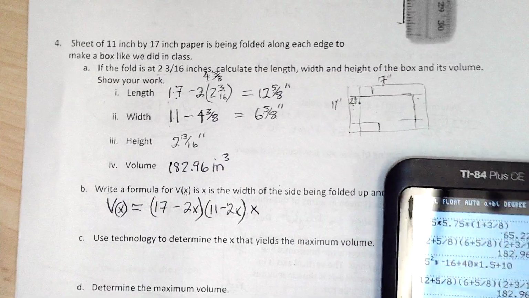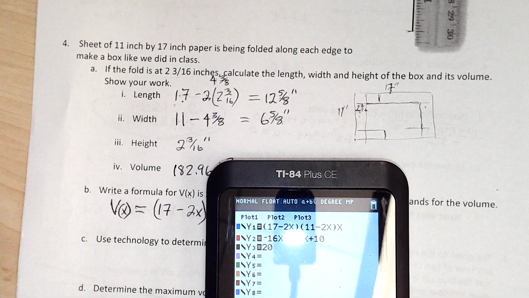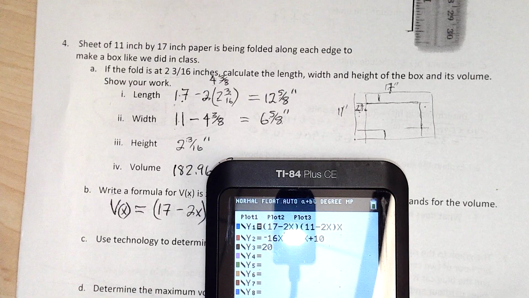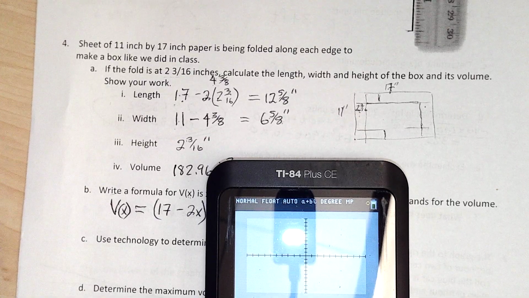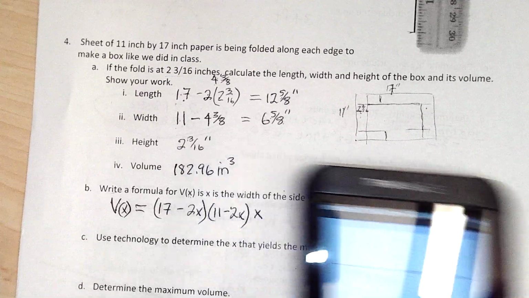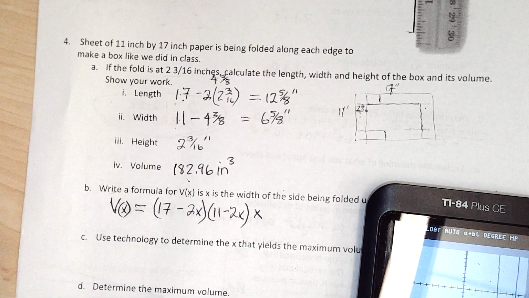Now, if I use technology to graph that, let's see, I think that's my first equation. So I'm going to turn it on and turn that one off and that one off. And then I'm going to do zoom 6. And it goes up way too high, down, and up. Well, I know that the volume could be around 180, probably 200 something.